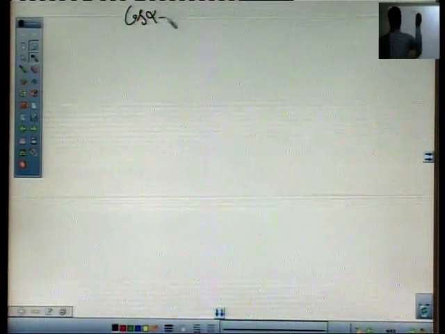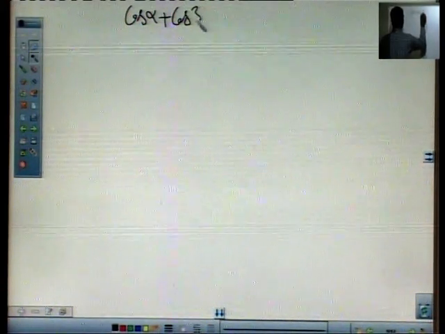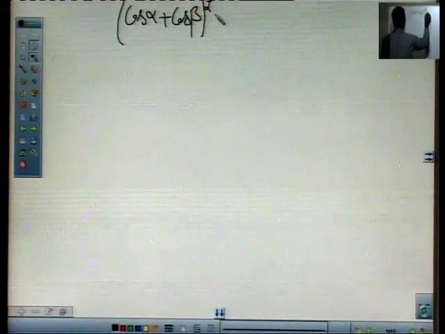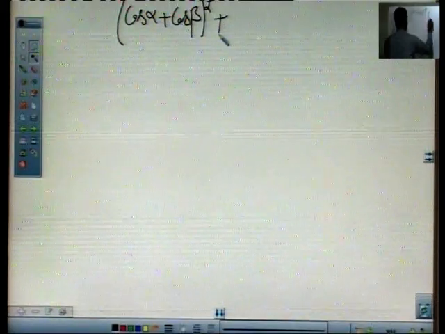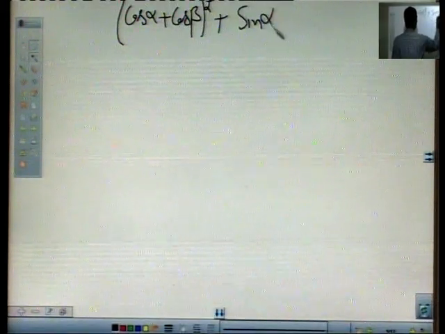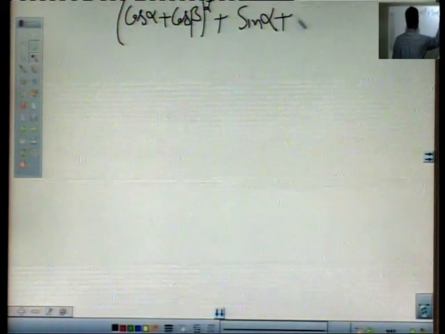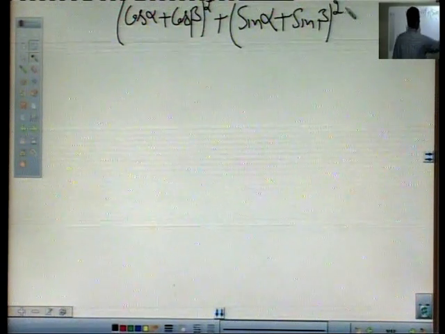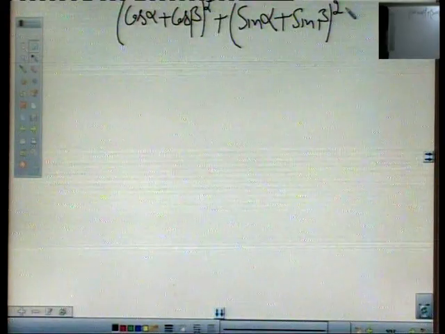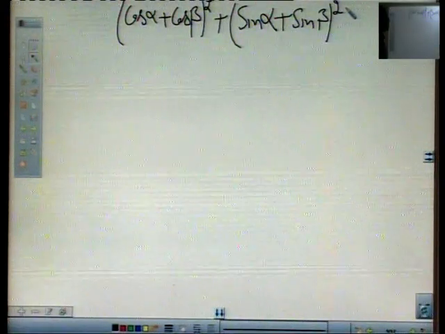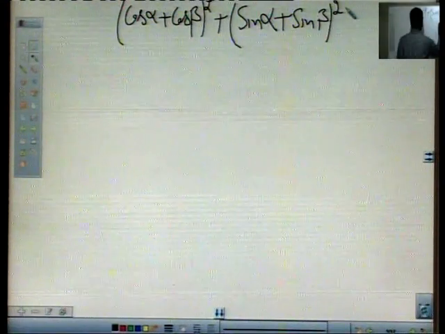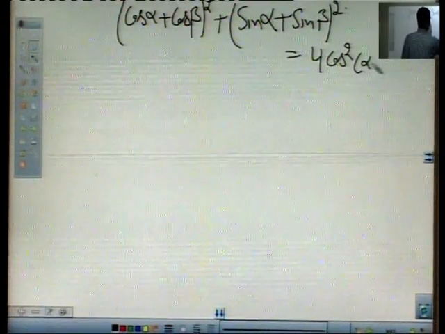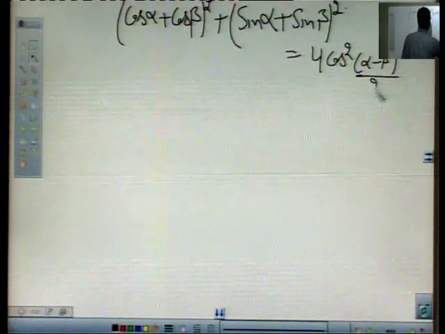cos of alpha plus cos of beta whole square plus sine of alpha plus sine of beta whole square. Show that this left hand side is equal to 4 cos square alpha minus beta by 2.